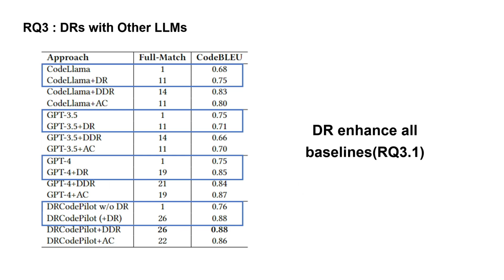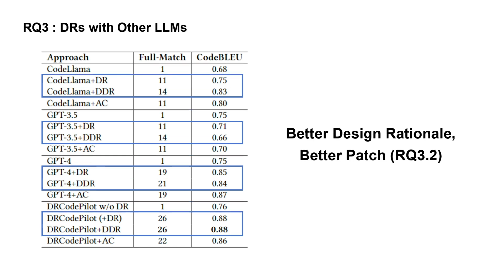First, design rationales significantly enhance the performance of various models, with stronger models benefiting even more, likely due to their better understanding of the content of design rationales. Second, manually annotated design rationales showed a more substantial improvement effect compared to those automatically extracted by tools.